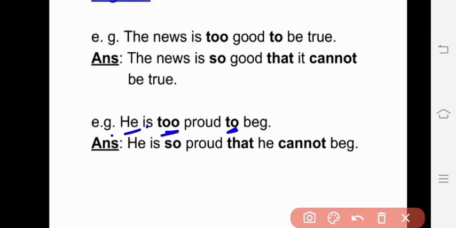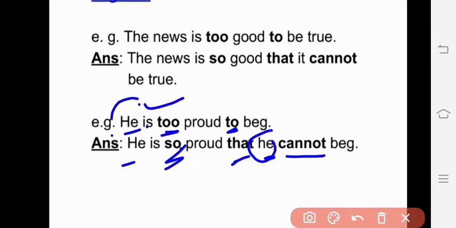Answer is like this: he is so proud, remove "too", in place of that apply "so"; remove "to", apply "that", and afterward, immediately after that, apply the exact pronoun related to the subject. Here the subject is he. So he is so proud that he cannot beg. "Cannot" is related to "is" in a present tense.